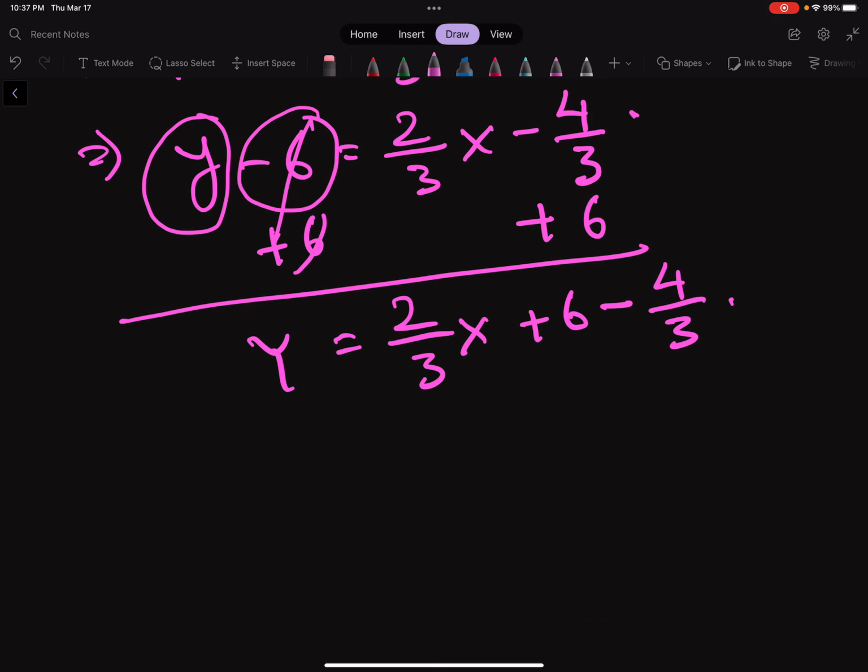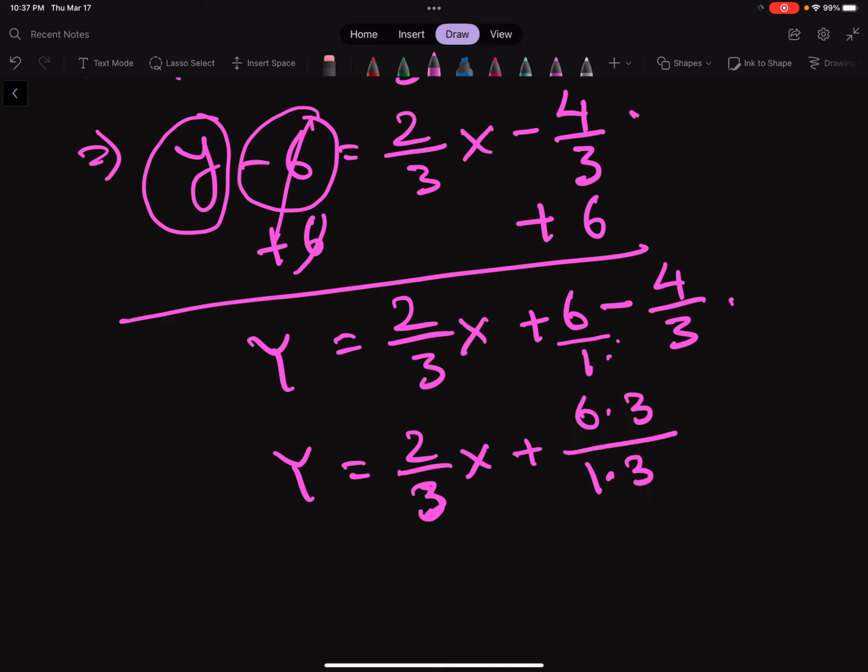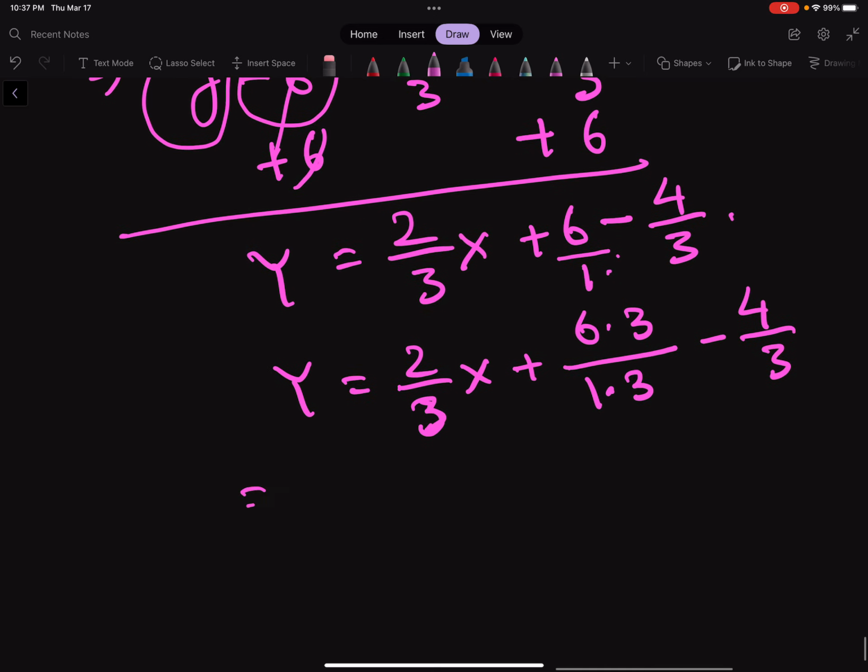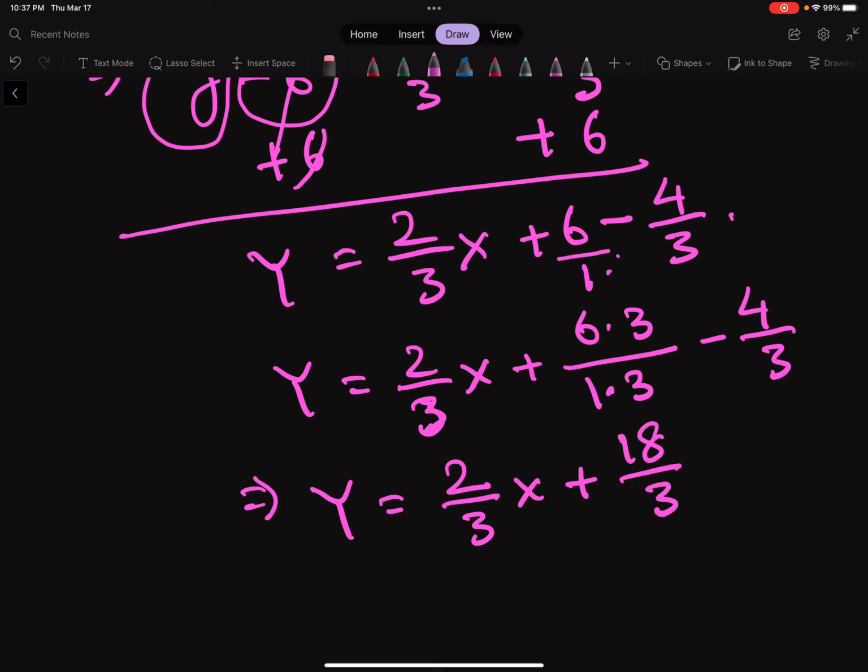So now we have y equals 2 over 3x, keep it like this, and we have a 6 here, so we need to make a common denominator. Multiply the denominator by 3 and the numerator by 3 too, so we have 18 over 3 minus 4 over 3.